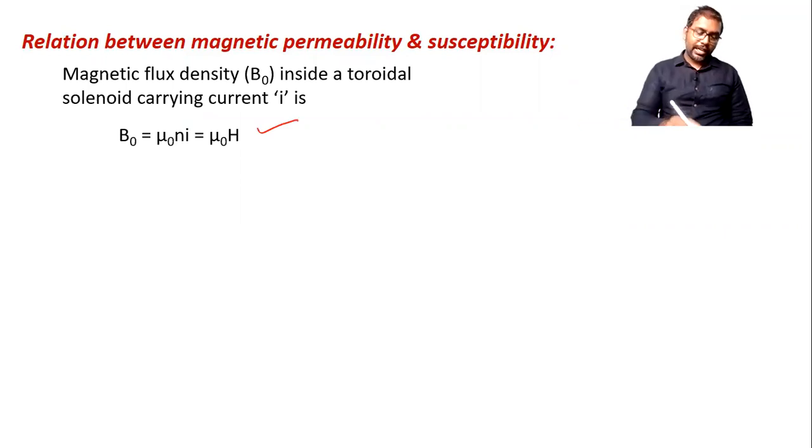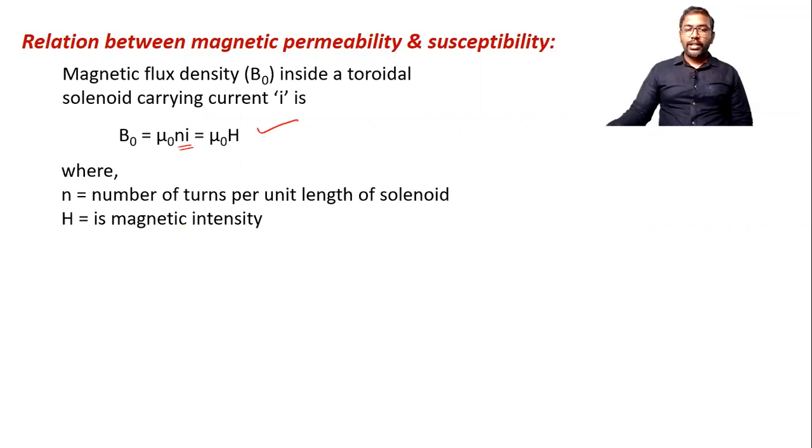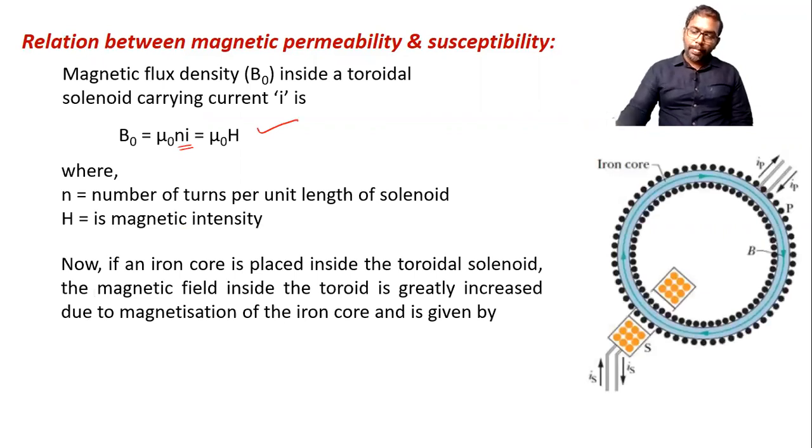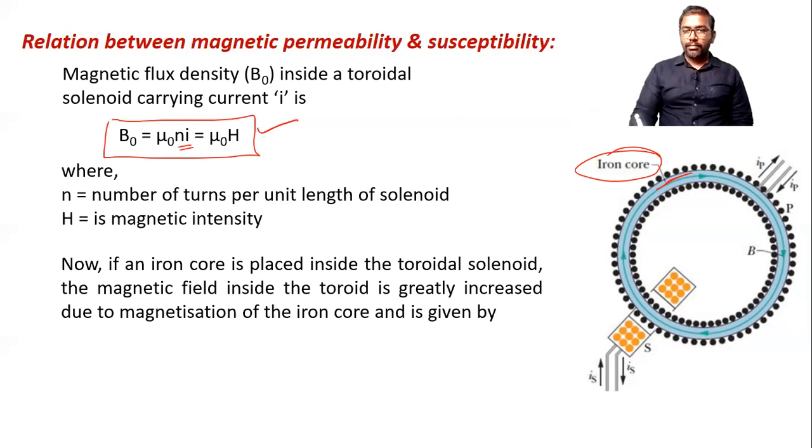Or we can write n into I as H, where n is the number of turns per unit length and H is the magnetic intensity. Now, consider a toroid with an iron core inside. In the absence of the iron core, this is the magnetic field due to the toroid. But when the iron core is present, it also contributes some magnetic field.